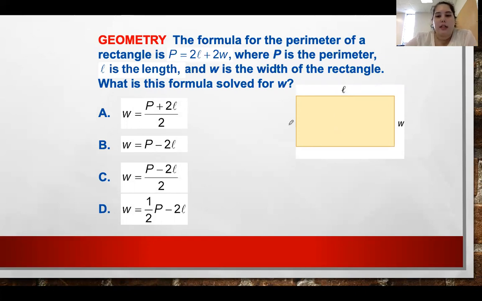Right, so hopefully you tried it on your own. Let's take a look at it. So we're going to have P equals 2L plus 2W. We're going to remove 2L from the right-hand side because we are solving for W. So we're going to subtract 2L from both sides.